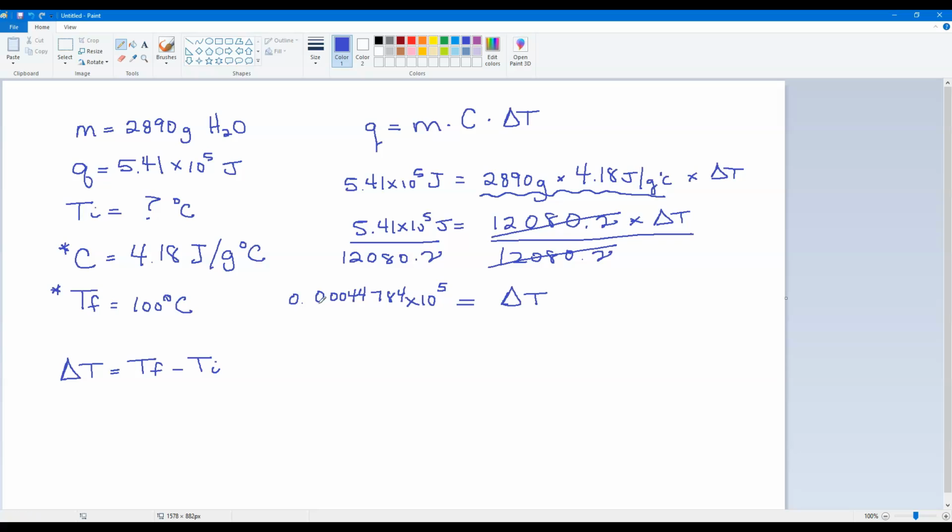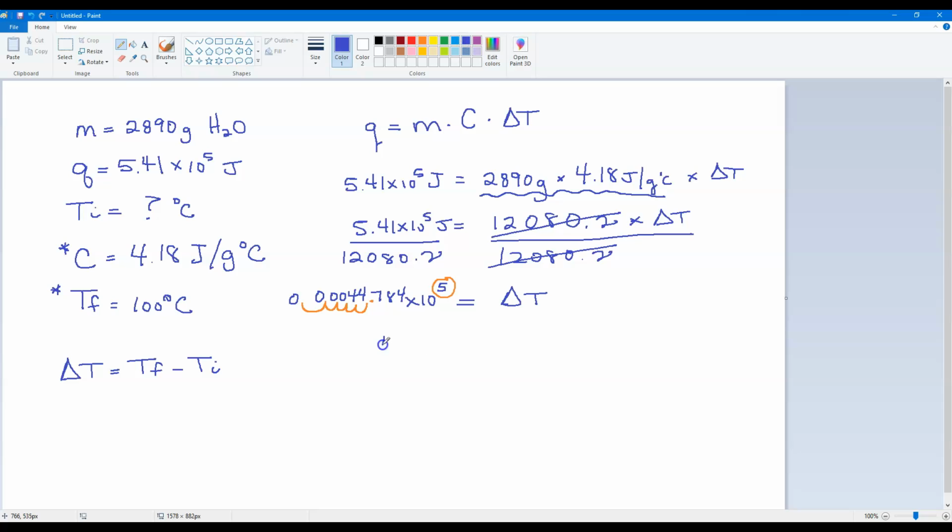Now I'm going to move my decimal according to my 10 to the power 5. 10 to the power 5 means move my decimal 5 places: 1, 2, 3, 4, 5. So I'm going to place my decimal here based on this positive exponent.